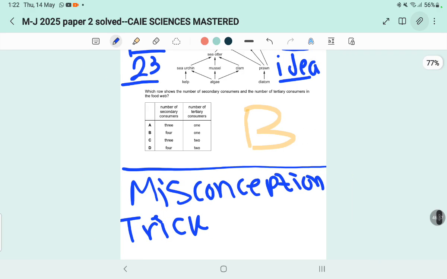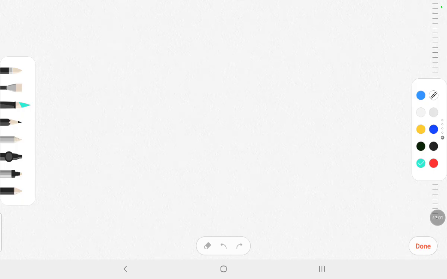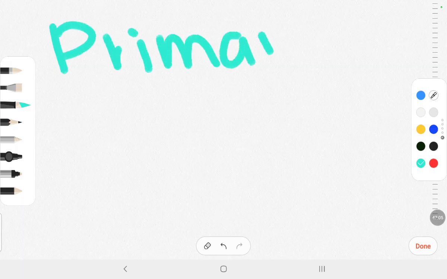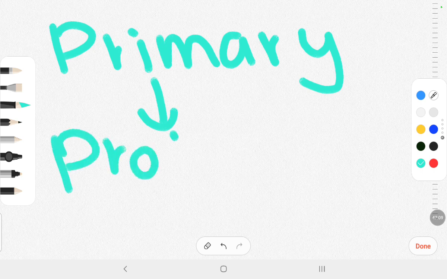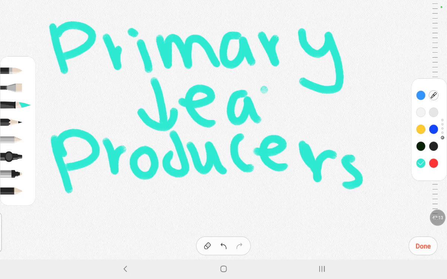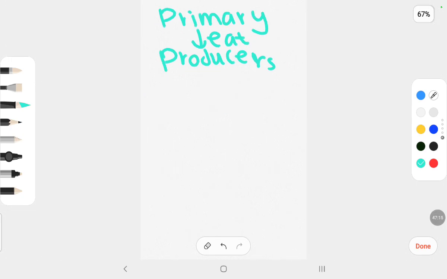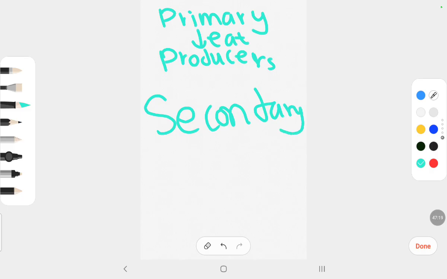So primary consumers eat producers, and secondary consumers eat primary consumers.